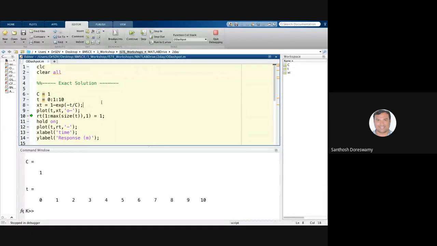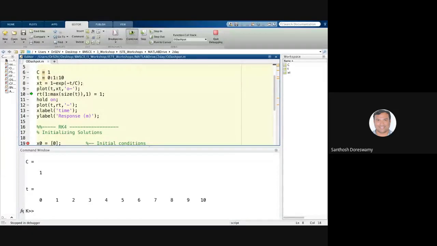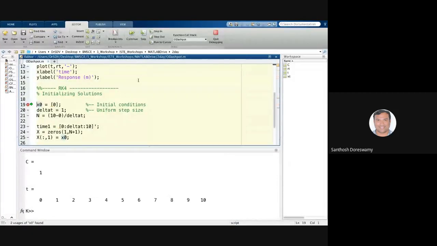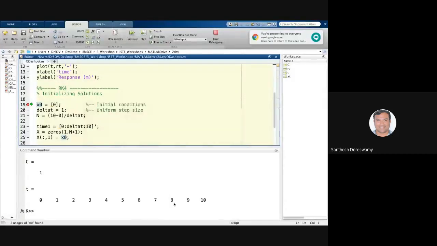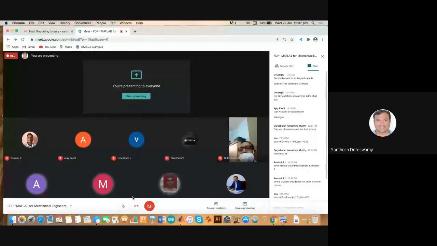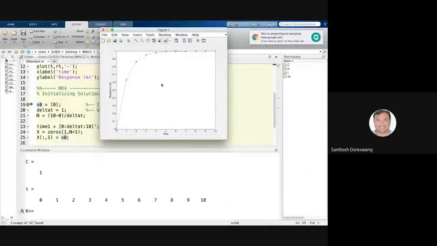If I try to continue running this problem, I will have the following plot, where you will see a straight line, right? So that is the input, which is r of t, and this is the output x of t.